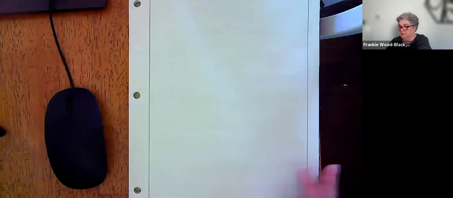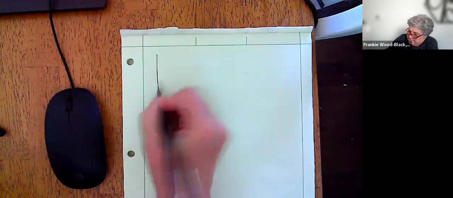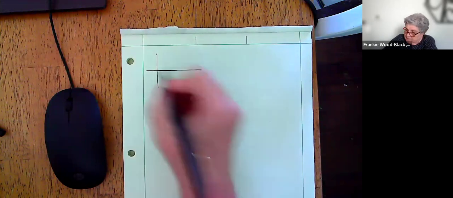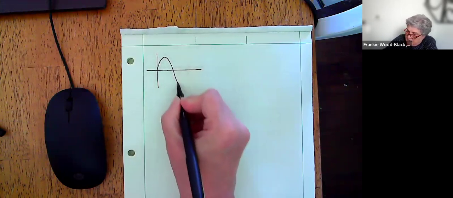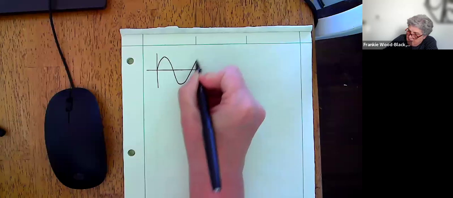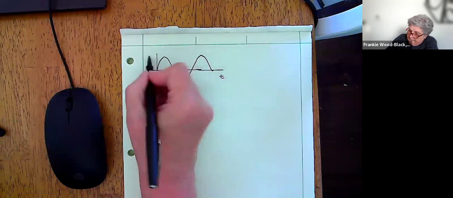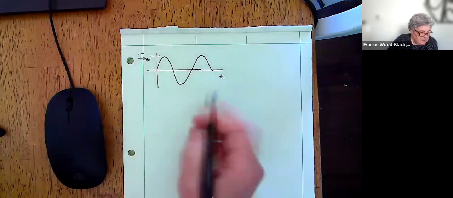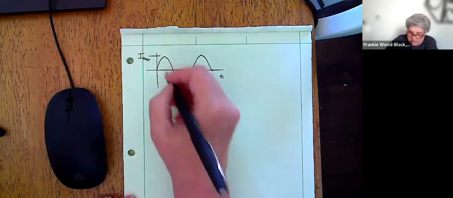Well, the same thing's going to happen with my inductor, except this time, when I look at it, if I have this, again, this is by time, this is my current, and this is my current max. And let's see if I can draw this right. Okay.